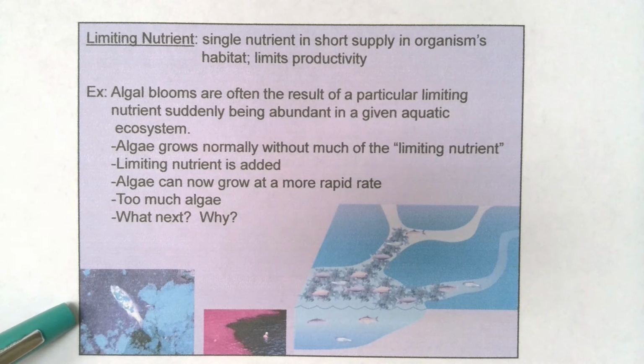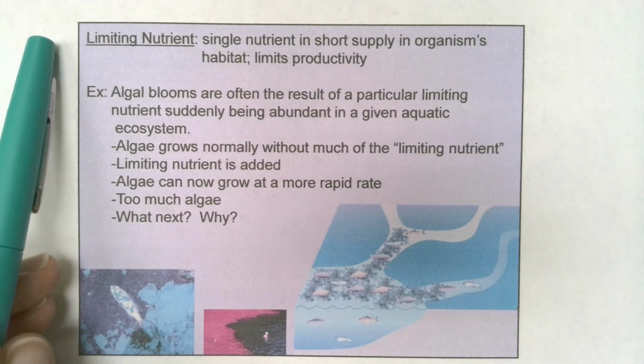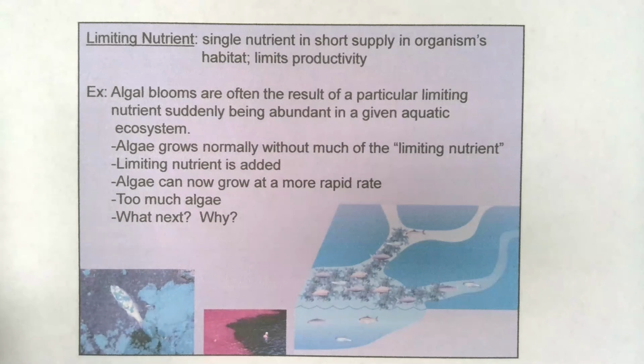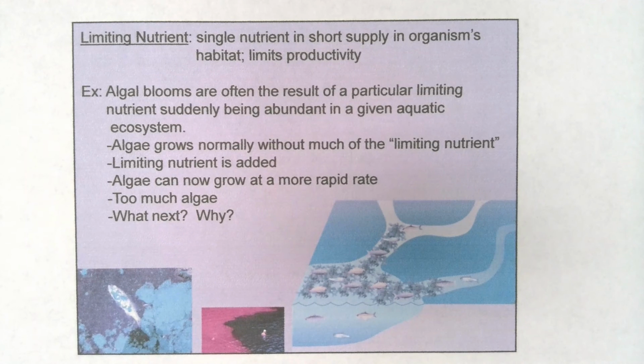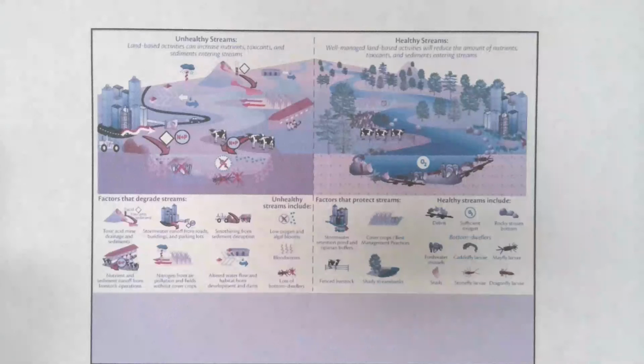That's hopefully a fairly easy to understand example of a limiting nutrient: a single nutrient in short supply that, when suddenly there's more of it in the ecosystem, productivity increases, and it can lead to some problems. Sometimes it's not a big deal. Plants grow normally in the farmer's field, but other times it can have devastating effects.